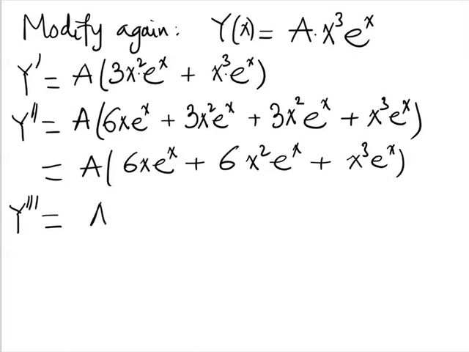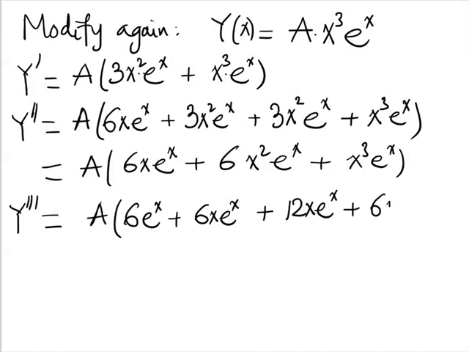Y triple prime. This time we have three terms. We need to use the product rule 3 times. 6 e to the x plus 6x e to the x. So you need to be very careful. Plus 12x e to the x plus 6x squared e to the x plus 3x squared e to the x plus x cubed e to the x.